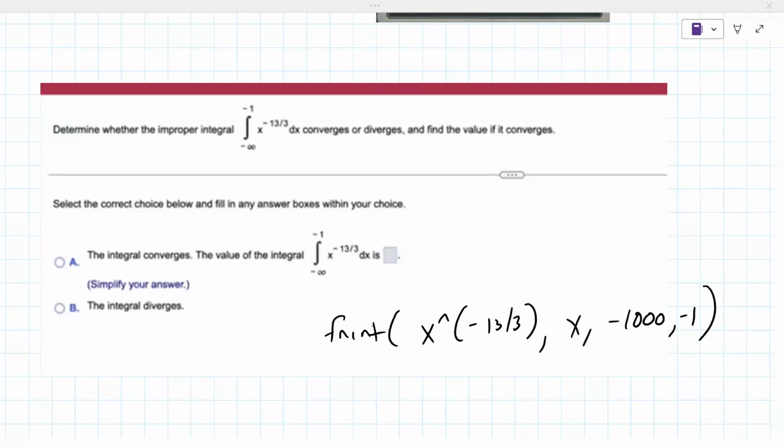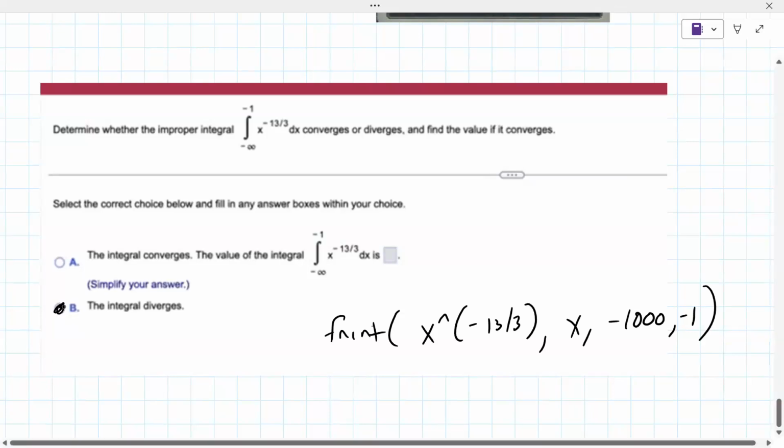Why does this one diverge? It doesn't seem right. This one diverges.